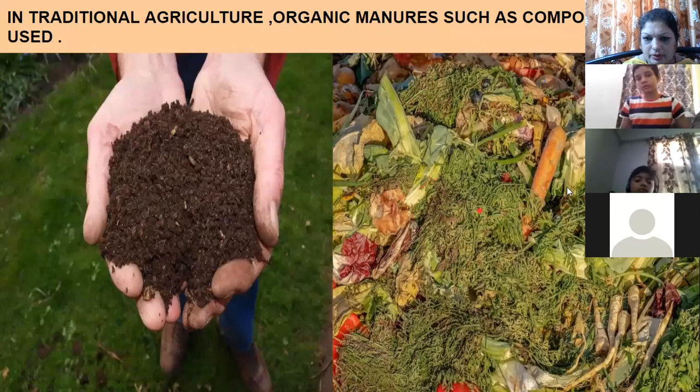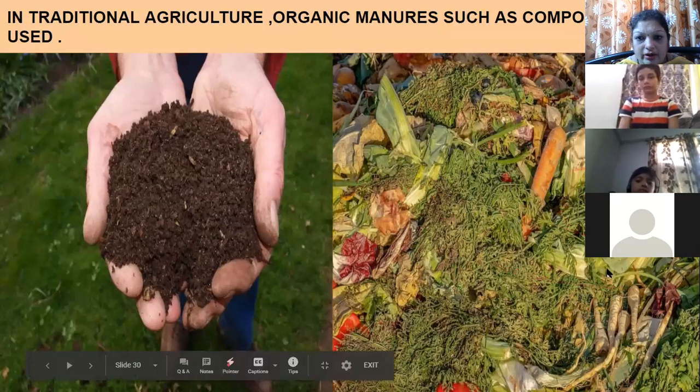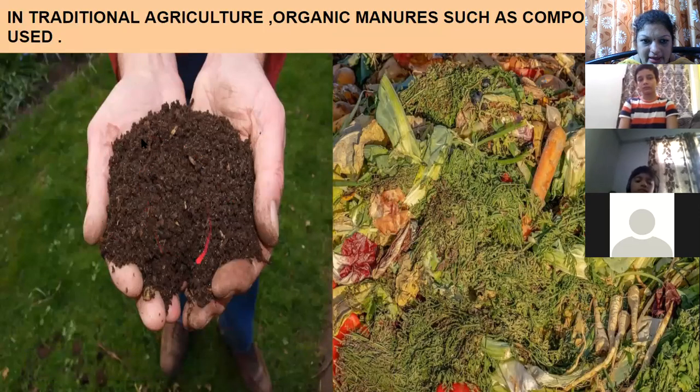Now what happens over here? This waste is collected into a compost pit. Pit means a ditch. All this waste is dumped into that pit, and with the process, it is converted into compost. Can you see this soil? Yes.